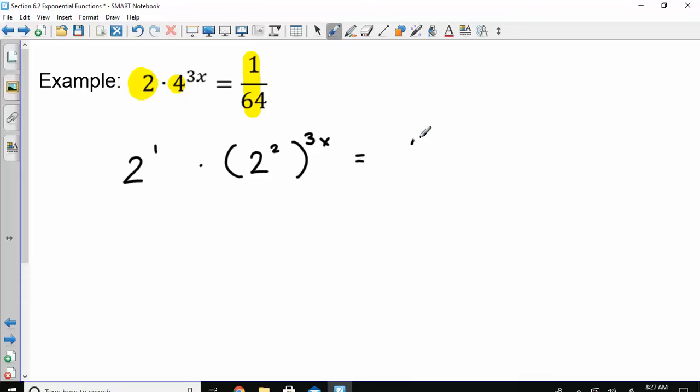1/64. First of all, to bring that up to the top, it would have to be a negative. And 2 to what power equals 64? So we have 2 to the first times 2 to the 6x equals 2 to the -6.